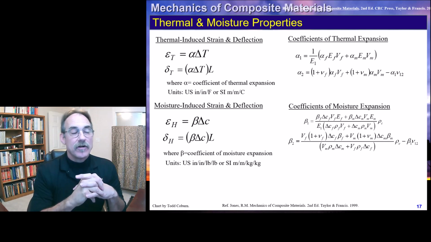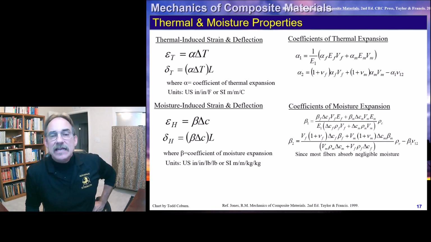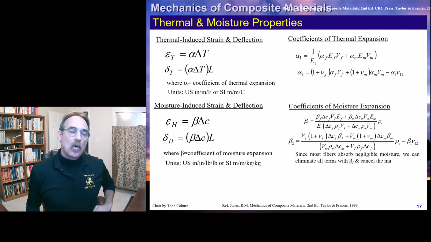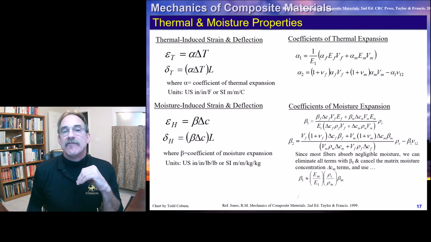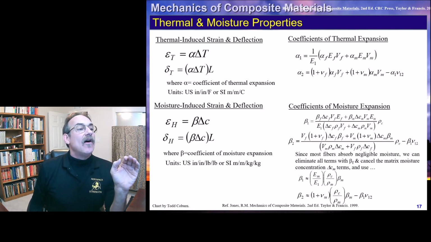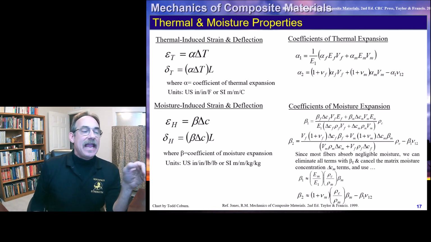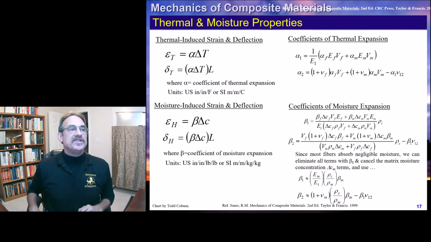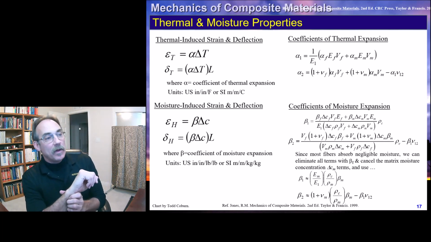That makes it harder. However, if we look at this, many fibers will absorb no or near no moisture. They have very low coefficients of moisture expansion, sometimes 0. If that's true, then the beta F terms go away, and when they go to 0, they take that moisture concentration term with them.